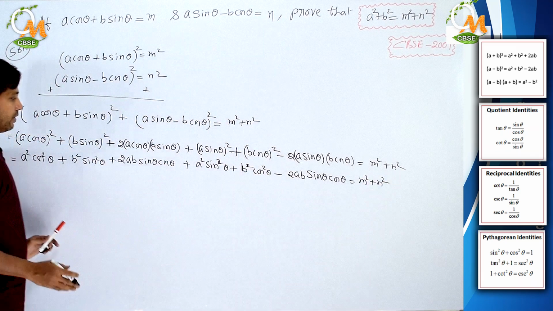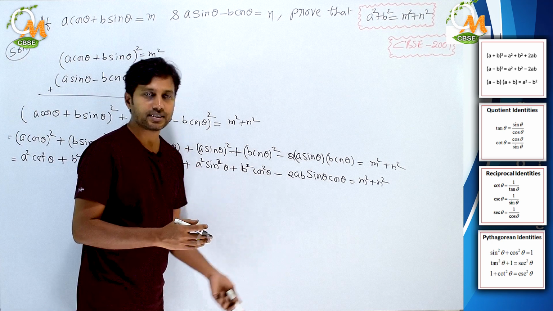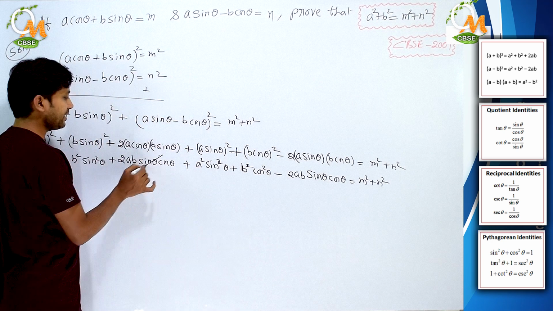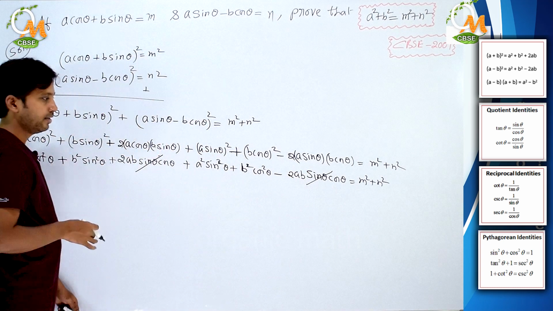You can find here same terms with reverse signs: plus 2ab sin theta cos theta and minus 2ab sin theta cos theta, we can cancel.